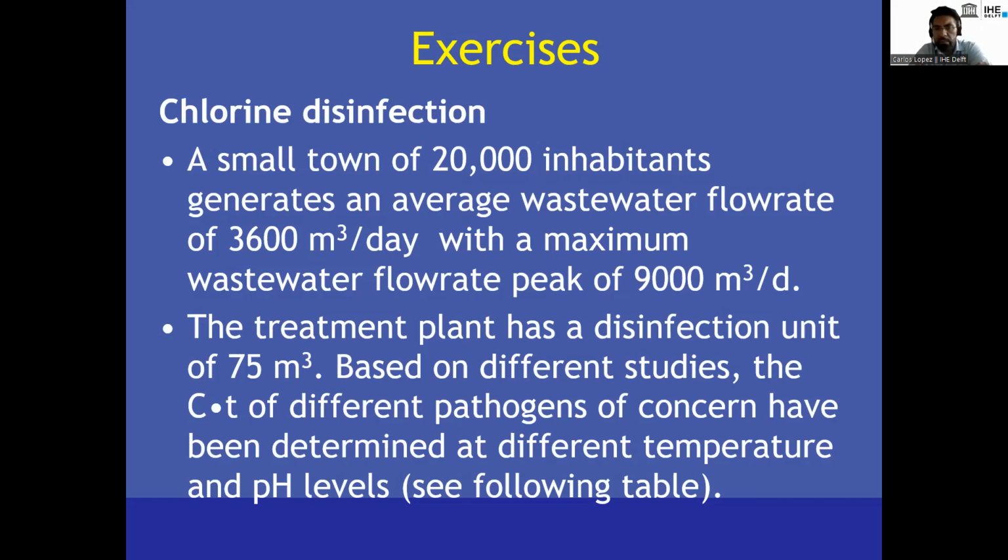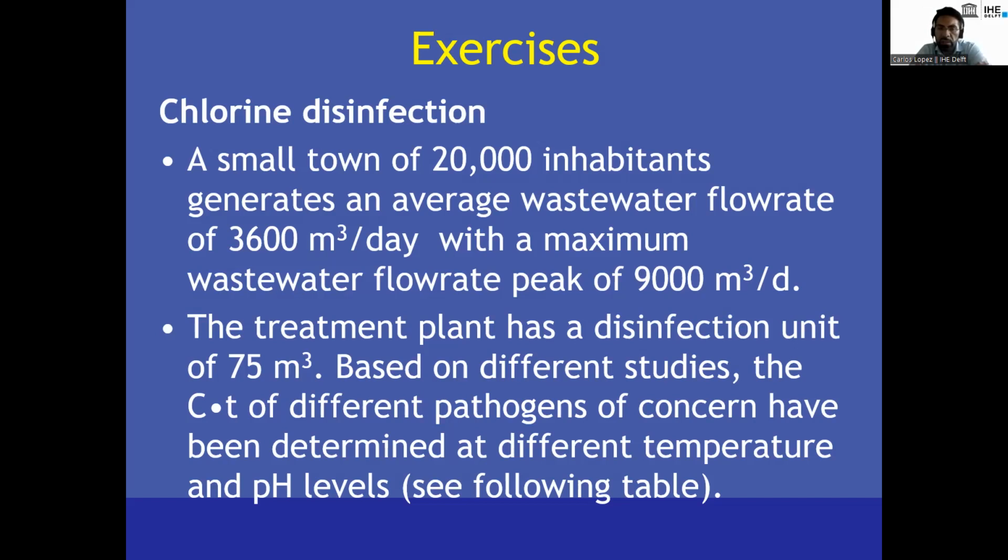It has a generation of wastewater of around 3,600 cubic meters per day on average, but a maximum peak wastewater flow rate of 9,000 cubic meters per day, because of rainfall the water can have up to 9,000 cubic meters generated every day.